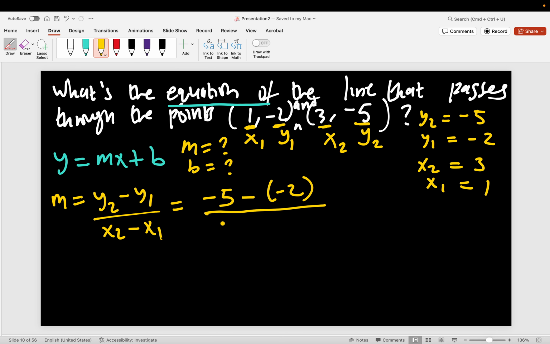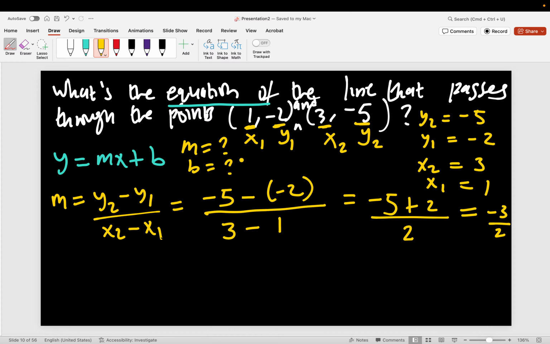What's my x2? 3 minus, what's my x1? 1. -5 minus times minus is plus, and then 3 minus 1 is 2. Now -5 plus 2 is -3 over 2, which we can leave as a fraction.